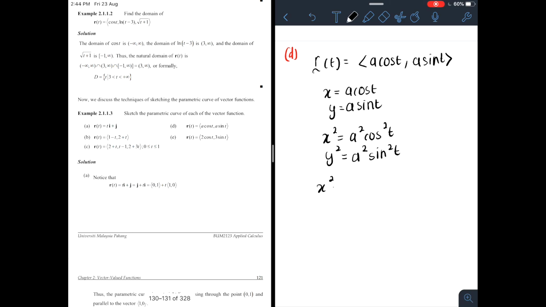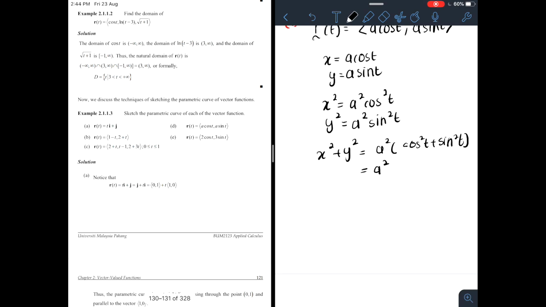Then I will get x squared plus y squared is equal to a squared times cosine squared t plus sine squared t, which gives me a squared. By right, this equation will give me a circle with radius a.